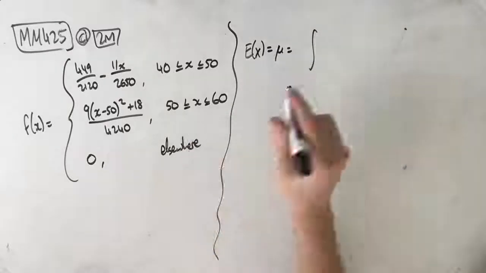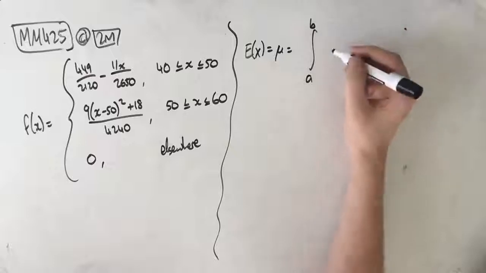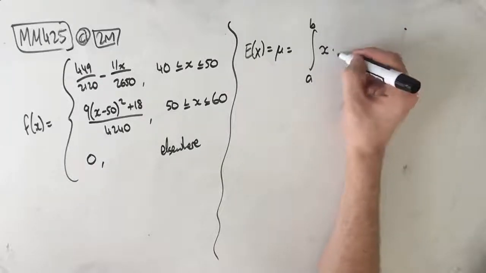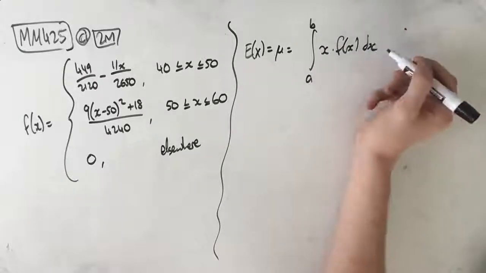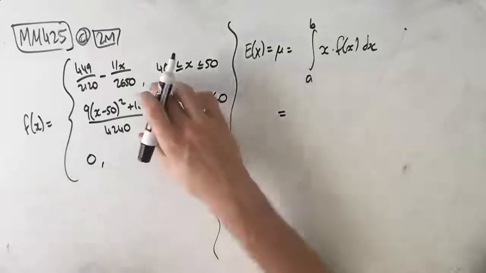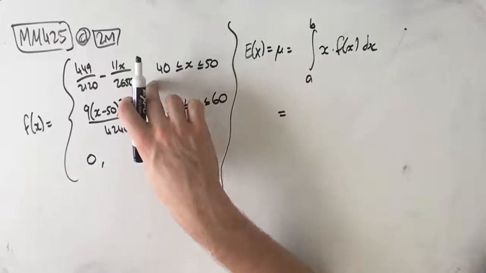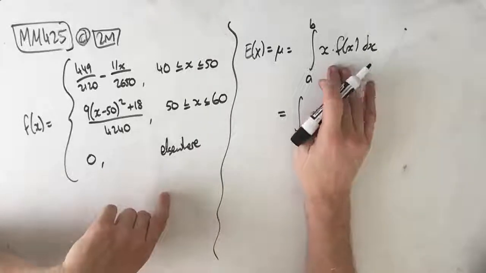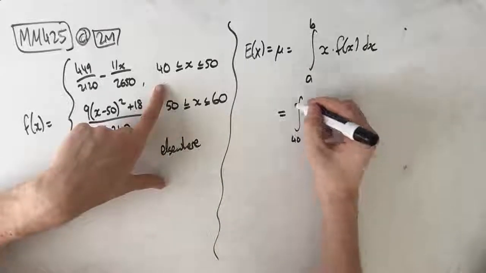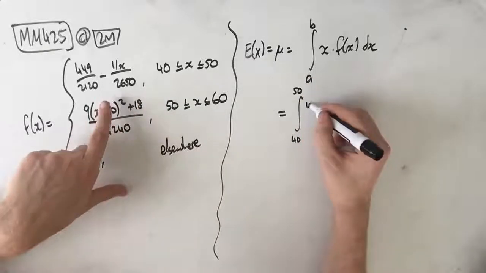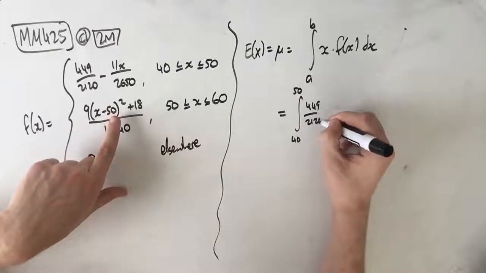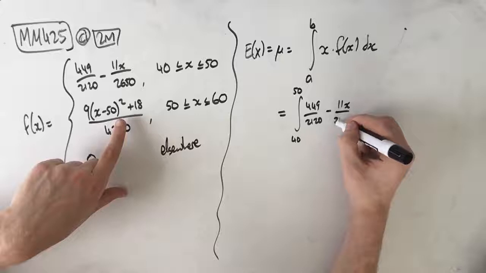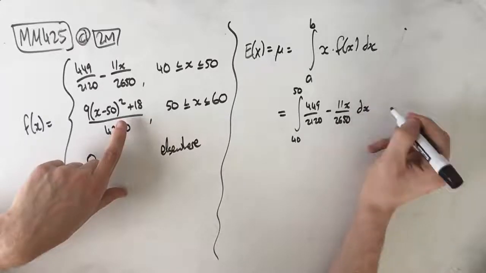And in order to find the mean in a probability density function, we take our lower and upper bound, the integral of that, of x times f of x dx, okay? Now, it is a little different with this one because we've got 2 functions, but it's essentially the same thing. So what we do is we do exactly this. So from a to b, so 40 to 50 of our first function, so 449 on 2120 minus 11x on 2650 dx.